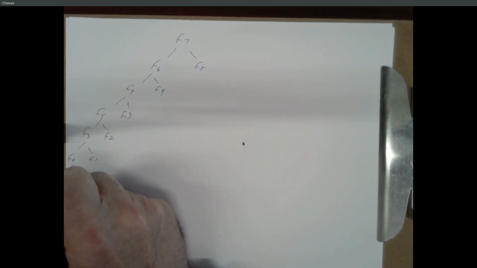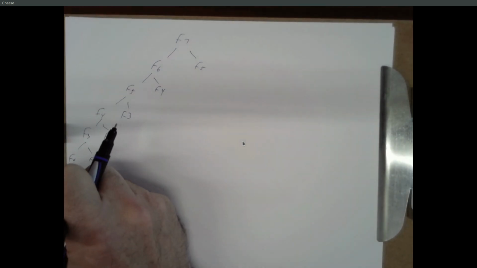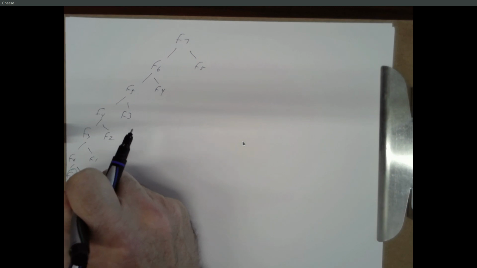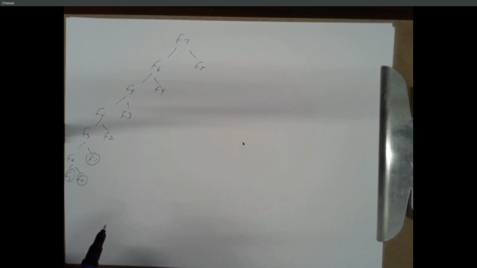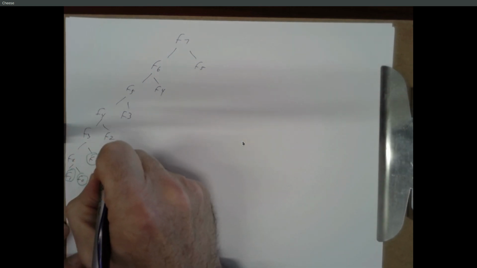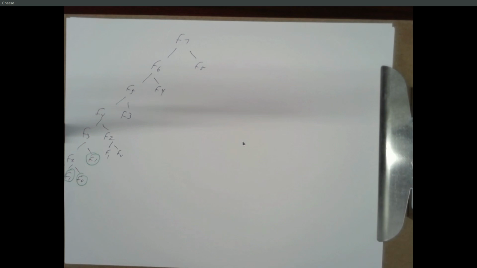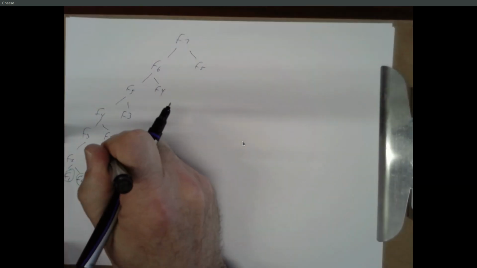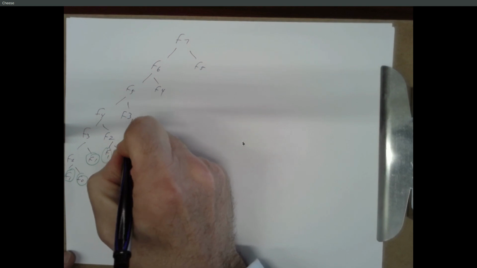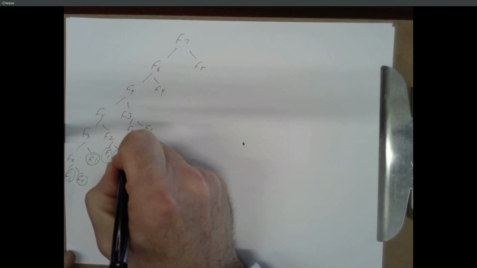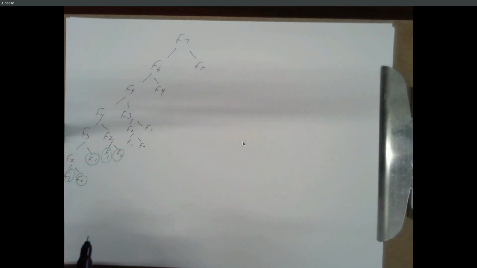F2 needs F1 and F0. And to calculate F1 or F0, we don't need to make any recursive calls because those are hardwired. That's that special case in the beginning. But over here to calculate F2, we need F1 and F0, and those are hardwired. And up here to calculate F3, we need F2 and F1, and F2 needs F1 and F0.